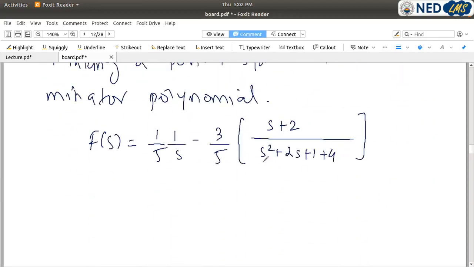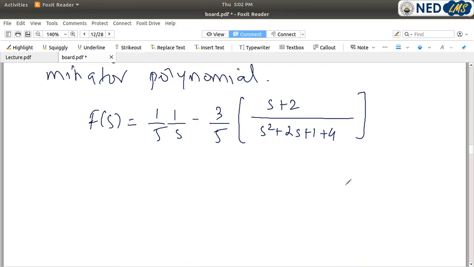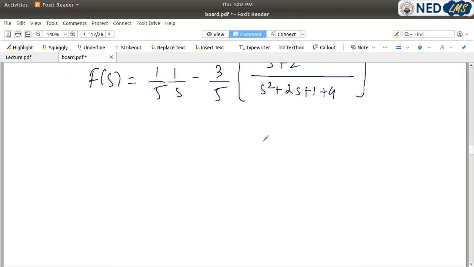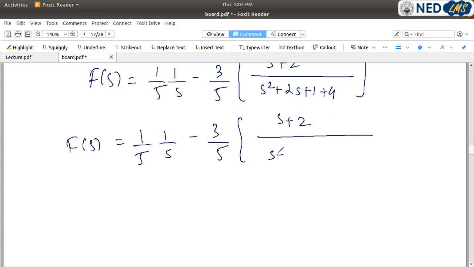Now we know this quadratic equation can be written in the perfect square form, which is s plus 1 whole square. So writing it down, f of s is equals to 1 by 5 into 1 over s minus 3 over 5 into s plus 2 over s plus 1 whole square plus, and this 4 can be written as 2 square.